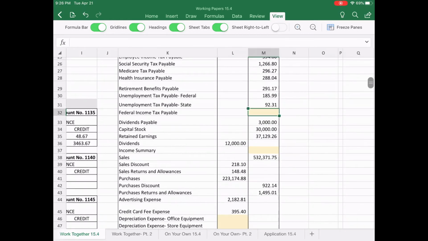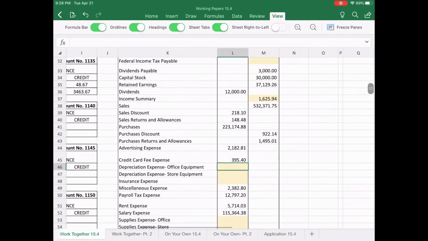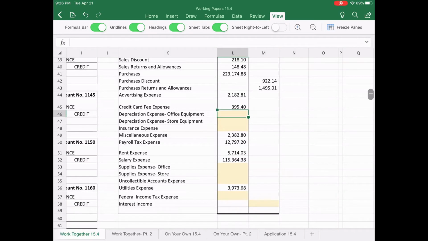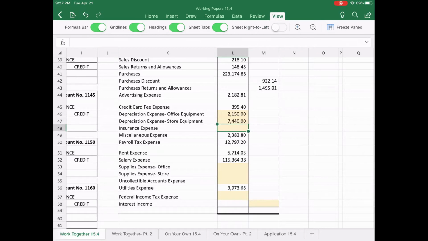So my federal income tax, I told you, would come later. My income summary amount, 1625.94. Depreciation expense office equipment, 2150. 7440. Insurance expense, 9600.